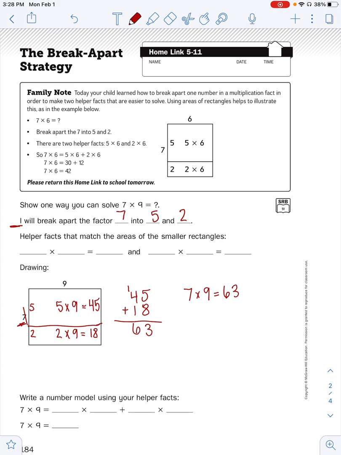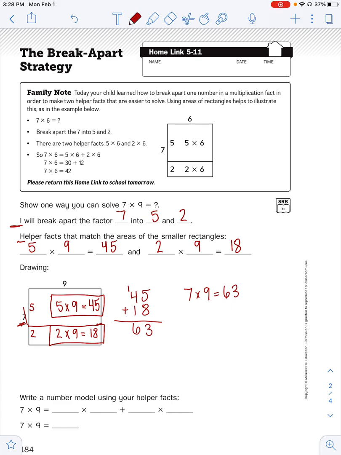And then right here, the helper facts that match these areas, the areas of the smaller rectangles, that's just what I did right here. Okay, just plug those right in. So 5 times 9 equals 45, and 2 times 9 equals 18.